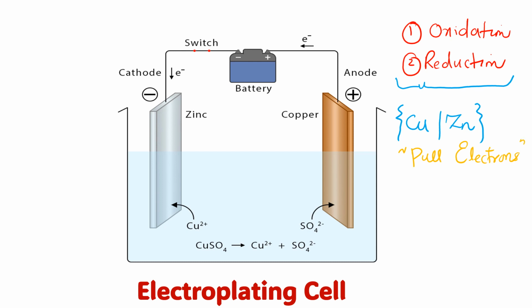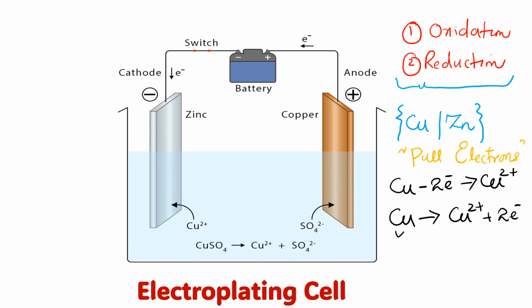So this means that the copper atom will give electrons, and it will be converted into Cu2+ ions on the copper side of the electroplating cell. As you know, in a chemical equation no negative sign is used, so the chemical reaction will be Cu into Cu2+ ions plus 2 electrons.